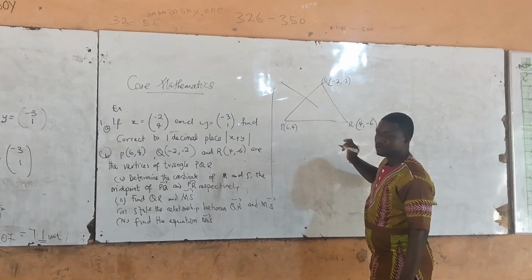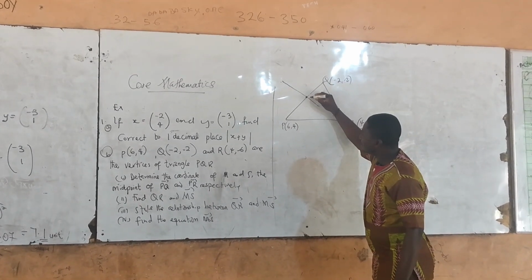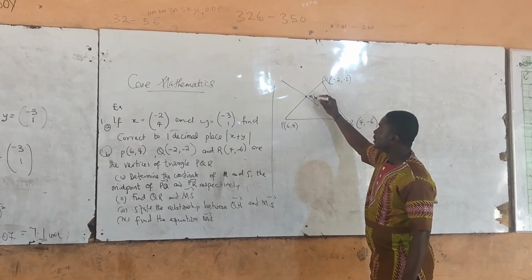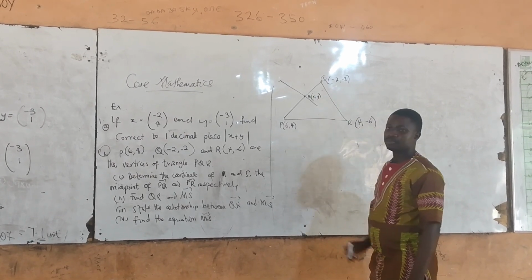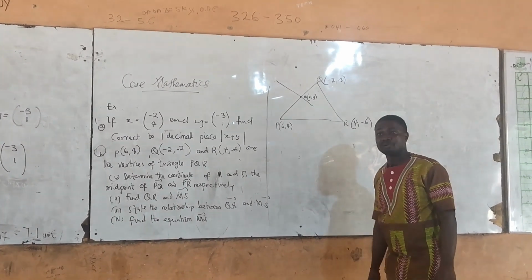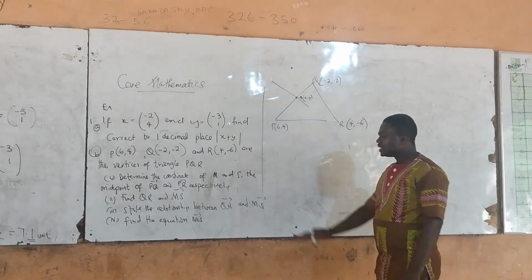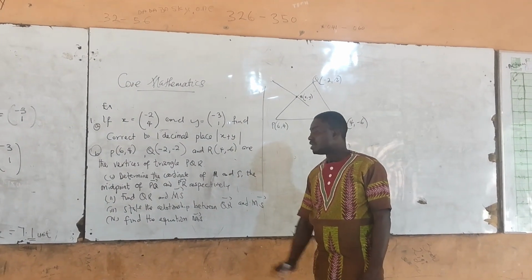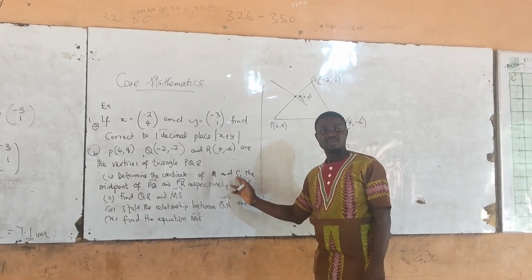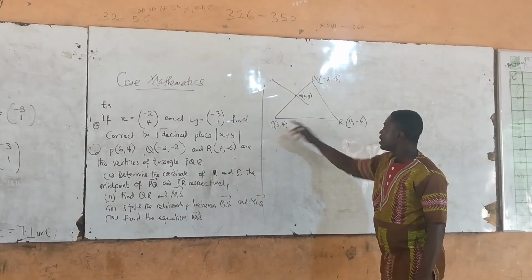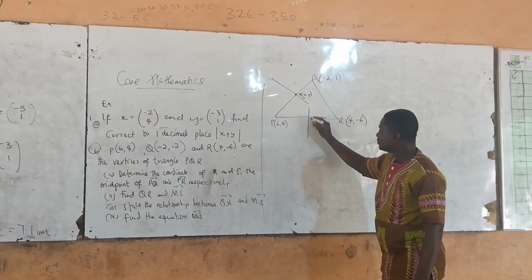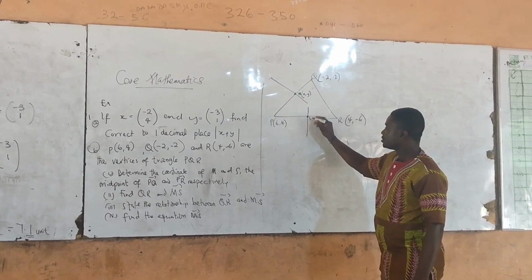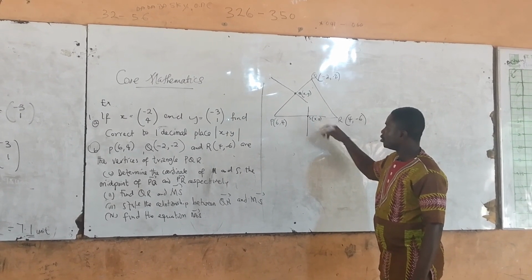The name for that midpoint here is M, and we represent it by x and y, because we don't really know the particular value there. And then also PR: the midpoint, the point that divides it into 2 equal parts, we call S, and that one also has x and y.